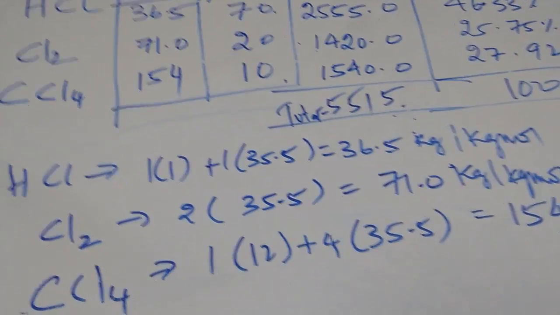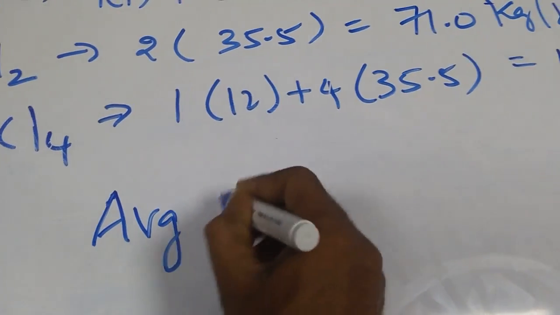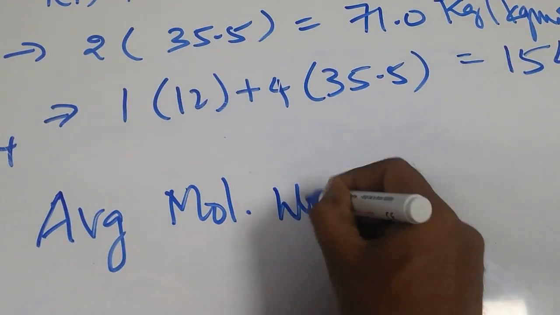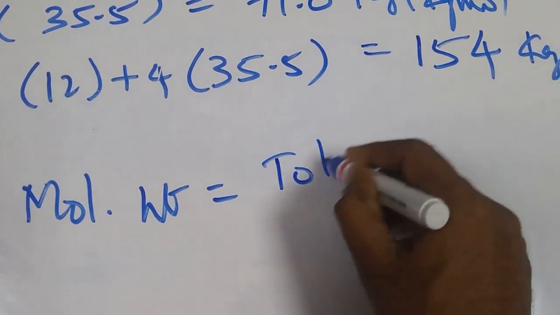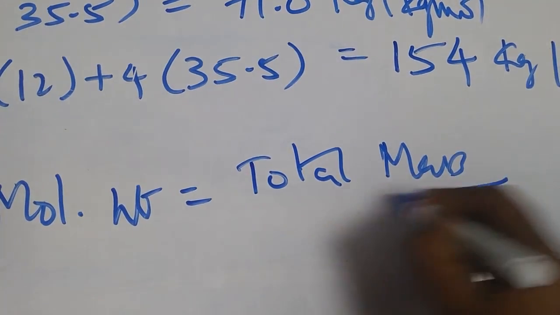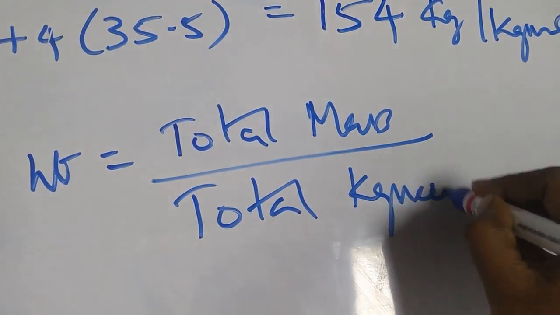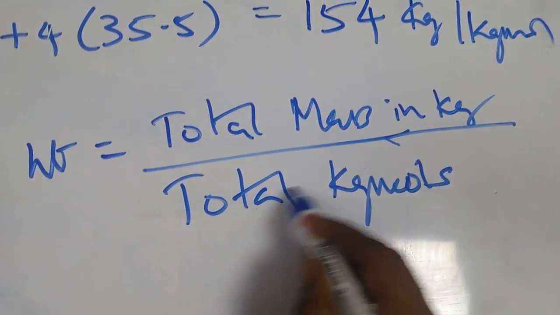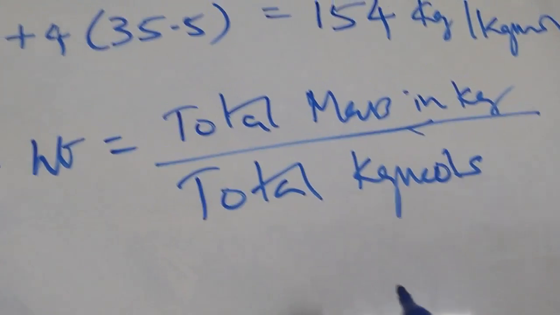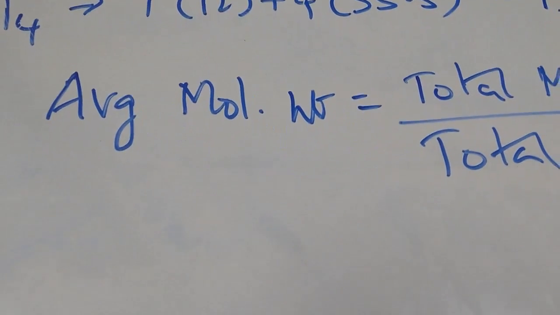Then what is average molecular weight? Average molecular weight is total mass divided by total kg moles. Total mass in kg by total kg moles gives us average molecular weight.